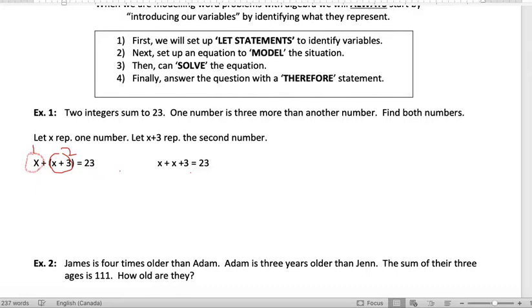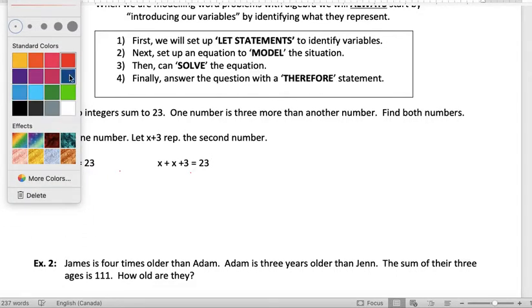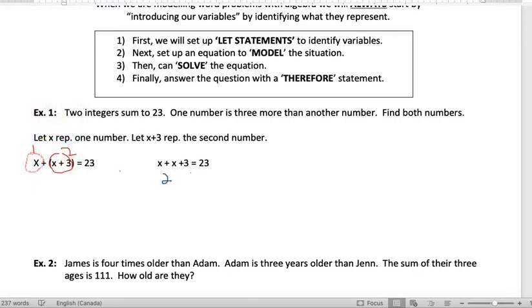So when we solve this equation, I'm going to go back to my pens. We're going to collect the like terms. x plus x is 2x. And we are going to take that plus 3 and send it over to the other side of the equal sign. When you do this, you need to change your integer sign.